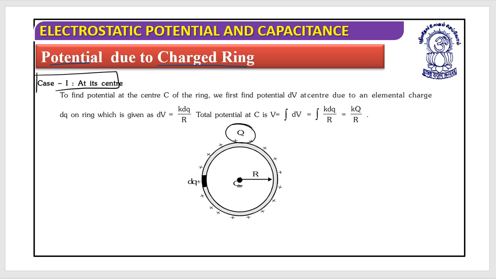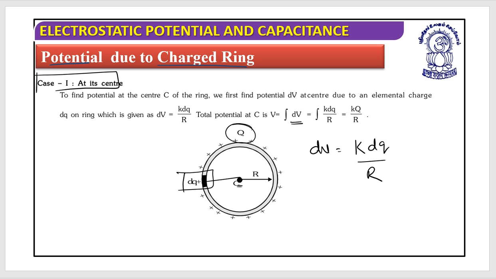So what I can do is, first let's take a shorter element and give it the symbol dq, and let's find out the potential due to that element only. Their separation would be the same, so if I write dV, it is k dq divided by r.